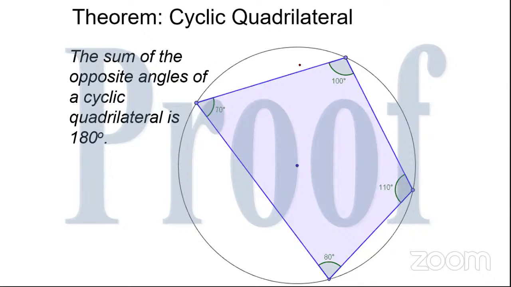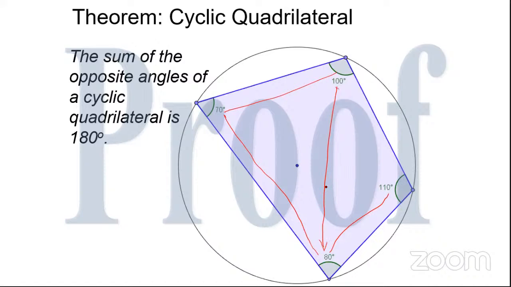So you can see this is a four-sided figure. These and these are not opposite. Why are these and these not opposite? When you say opposite, this is opposite. So they add up to give you 180.